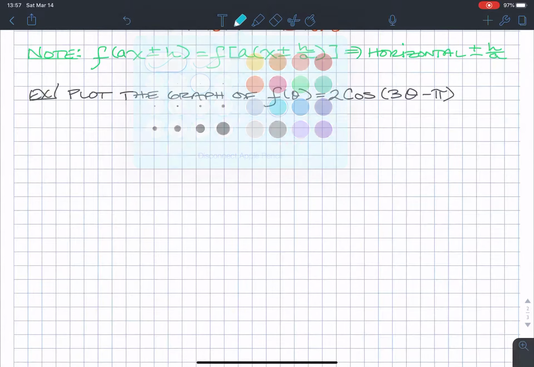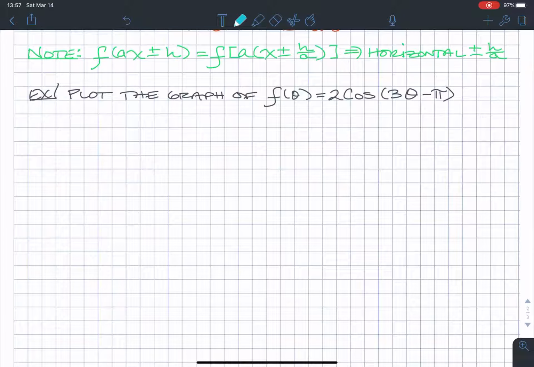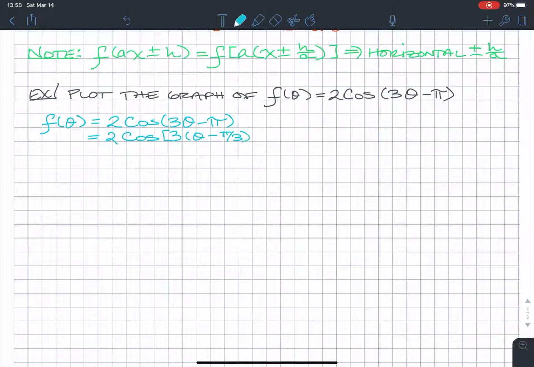I'm going to rewrite the function. So f of theta is equal to 2 times cosine of the quantity 3 theta minus pi. And what I'm going to do is factor out the coefficient of theta, that is 3. So in parentheses, what remains is theta minus pi over 3.